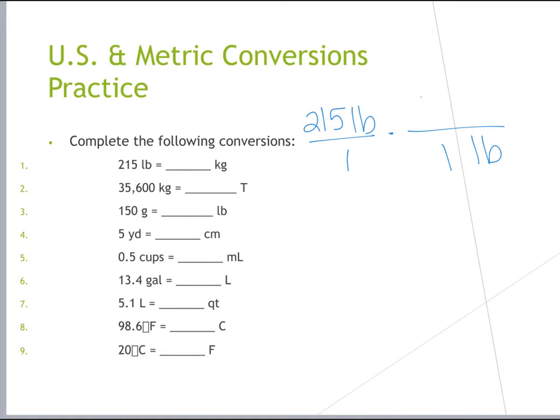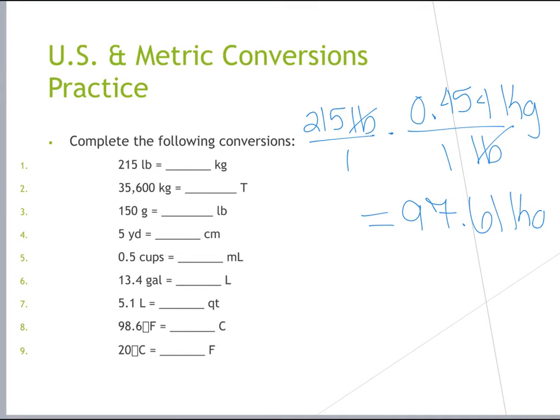So 1 pound is 0.454 kilograms. My units cancel, and then you do your multiplication here. Remember, you multiply straight across. 215 times 0.454, and that gives you 97.61 kilograms.